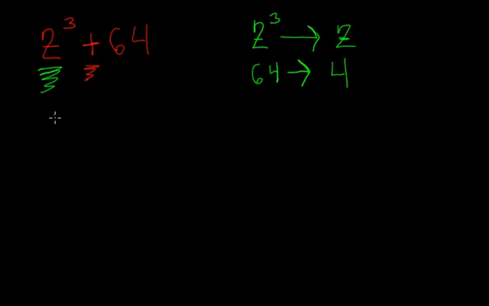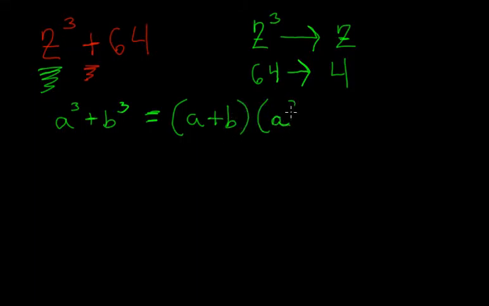So our pattern says that if we have a cubed plus b cubed, it came from a plus b times a squared minus ab plus b squared.